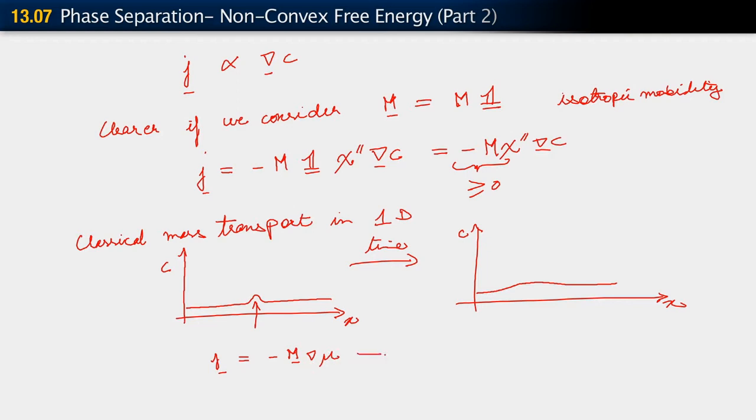This leads to a formula where J equals, in the case that we had before, M chi double prime gradient C, if chi double prime were greater than 0, which would happen if our free energy were convex everywhere.